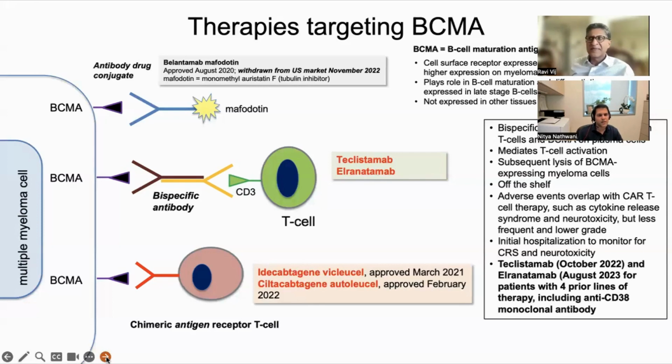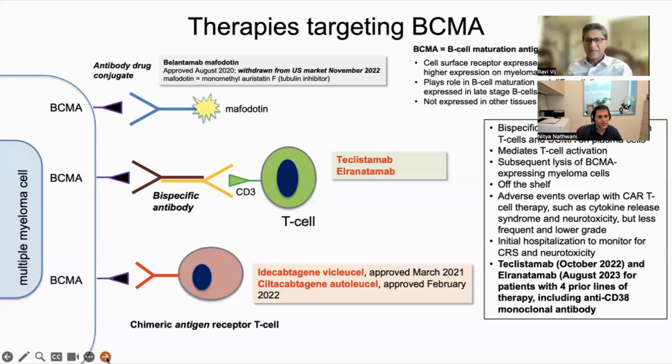So this antibody grabs a T cell with one arm and grabs the myeloma cell with the other arm, pulls them together, and activates the T cell in the process so that the T cell, which is another part of the immune system, can kill the multiple myeloma cell.